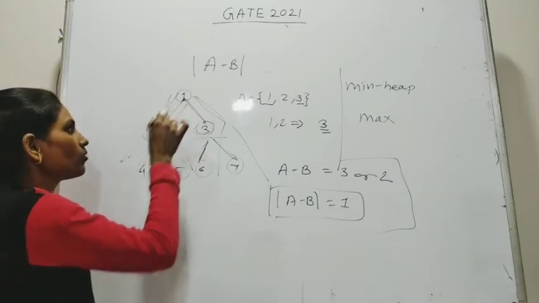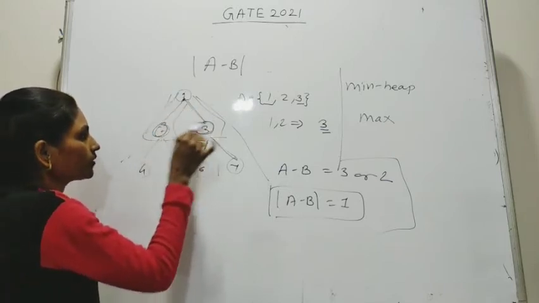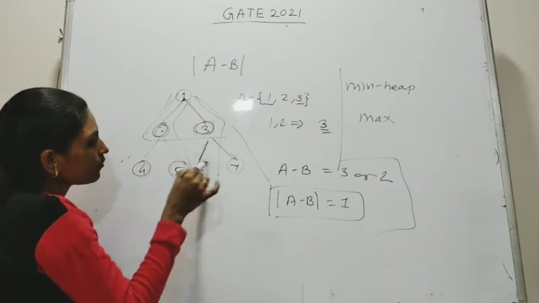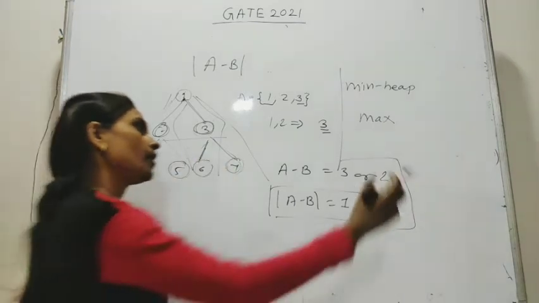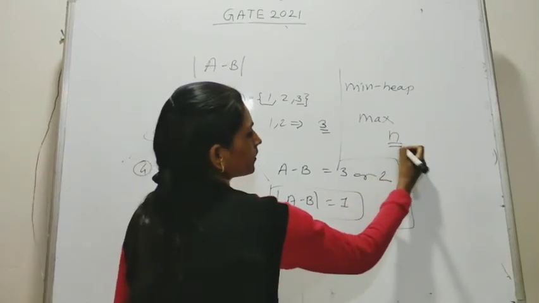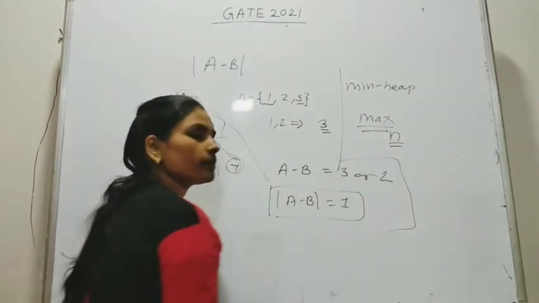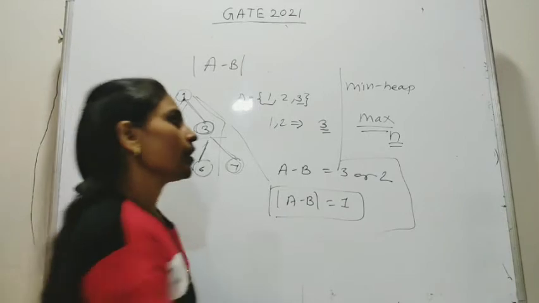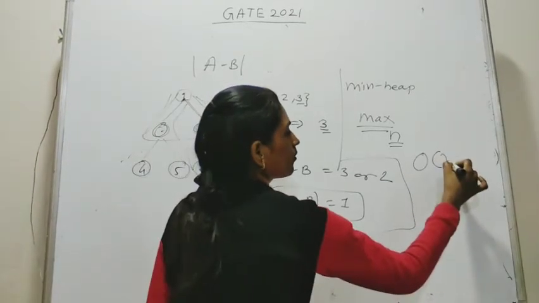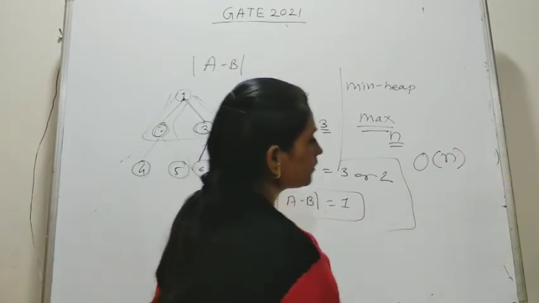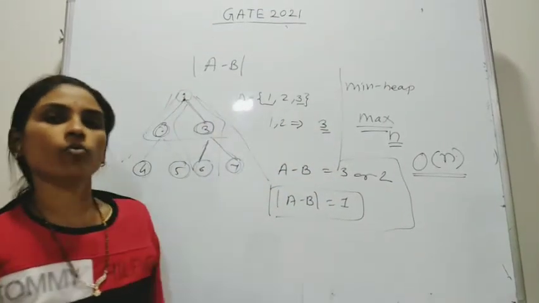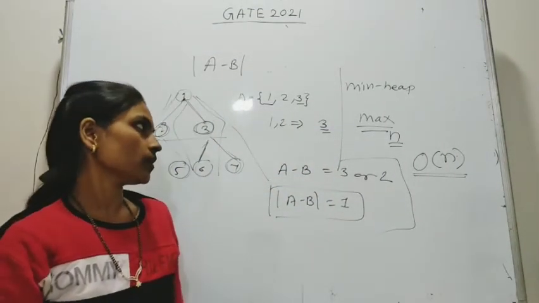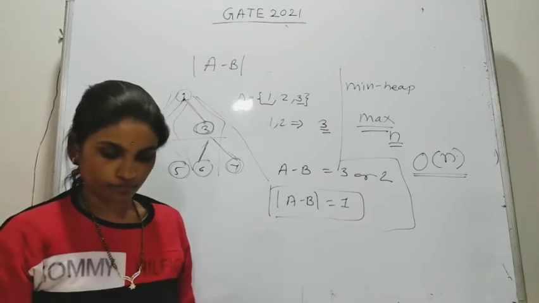We have to go through every node to find out the maximum element. That means if the tree contains n elements, to find the maximum element from the min heap, we have to search n nodes, and so the complexity is big O of n. So the answer is big O of n.